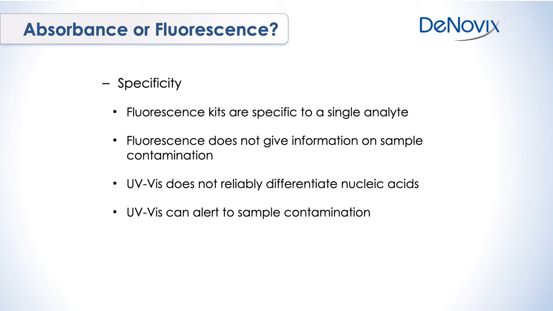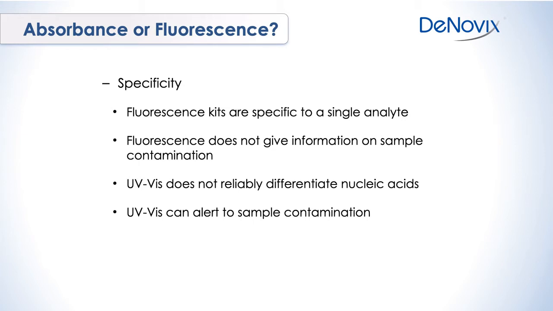When we compare that to absorbance with UV-Vis, we know that UV-Vis won't reliably separate nucleic acids. So if you have RNA in a DNA sample or single-stranded DNA, you can't do that reliably with an absorbance measurement. You can do that with a fluorescence assay or with a series of fluorescence assays.